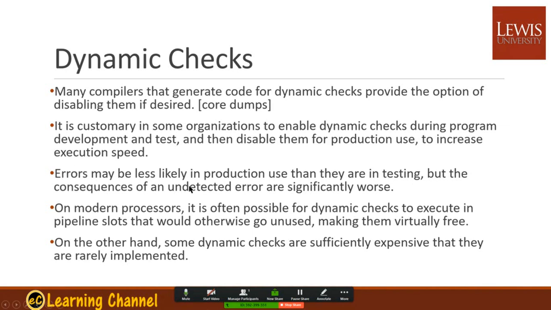And errors may be less likely in production. So in production, we don't want the core dump or something like that. We may allow the program to run with bugs. Usually not all bugs are fixed, and some of the rarely encountered bugs will usually be allowed in production.